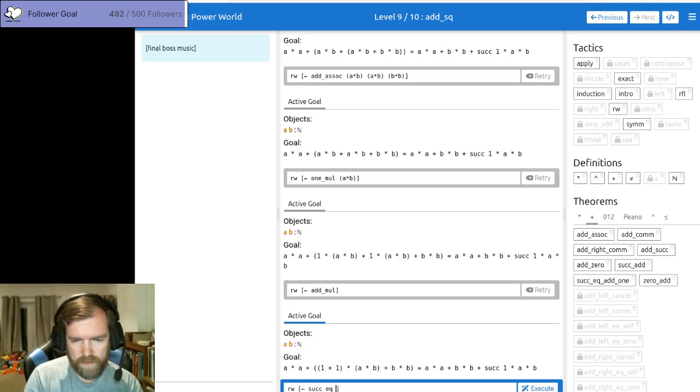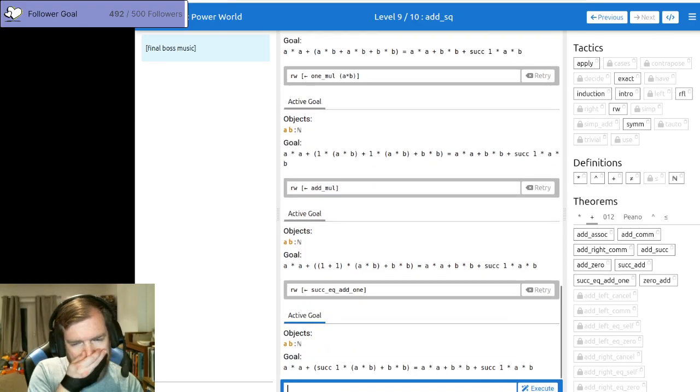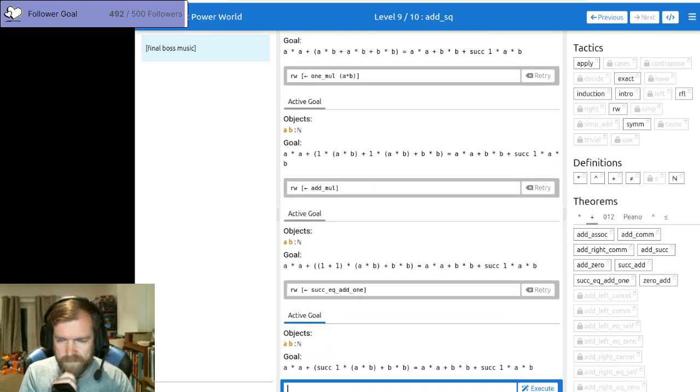Succ equals add 1. Okay, got it on the run.